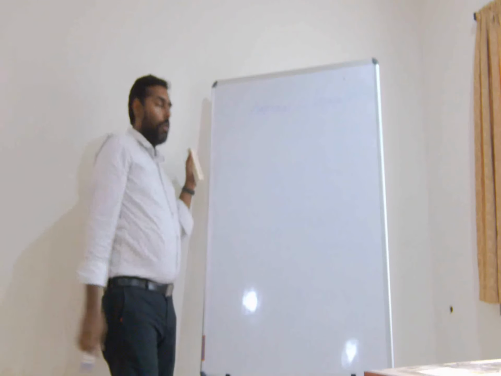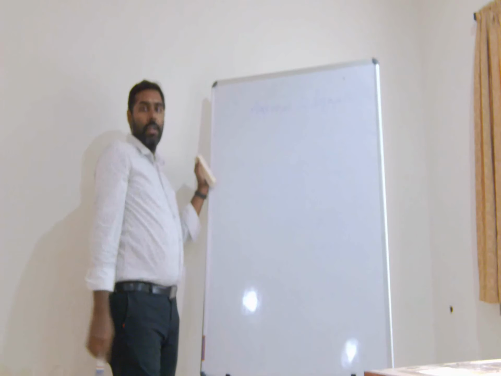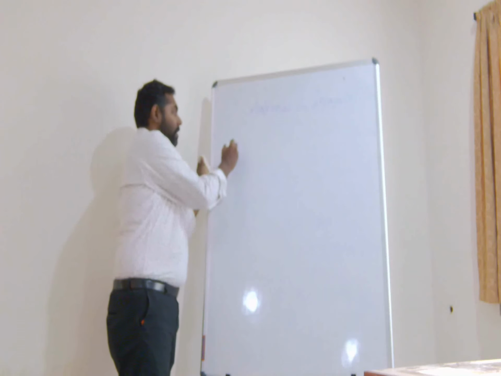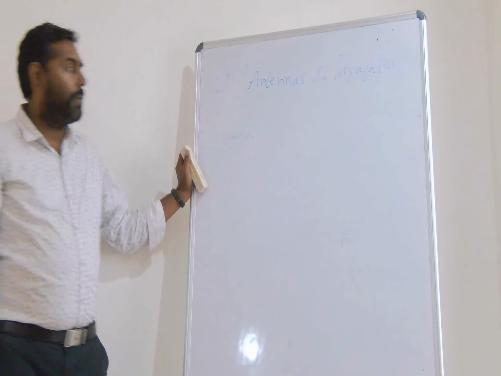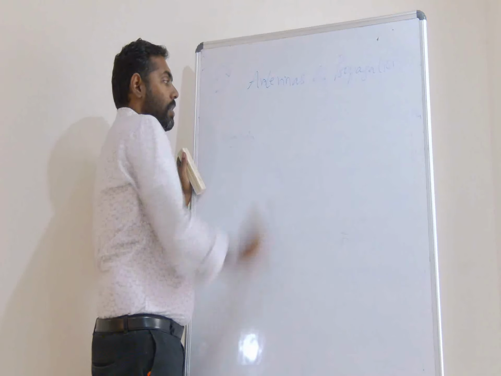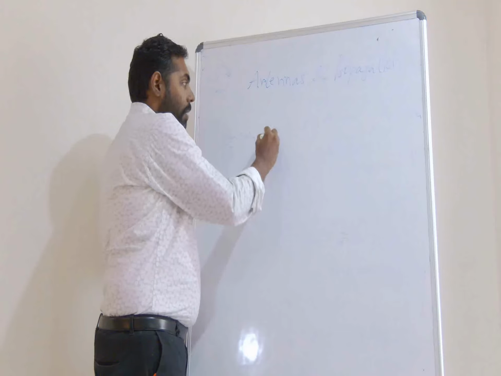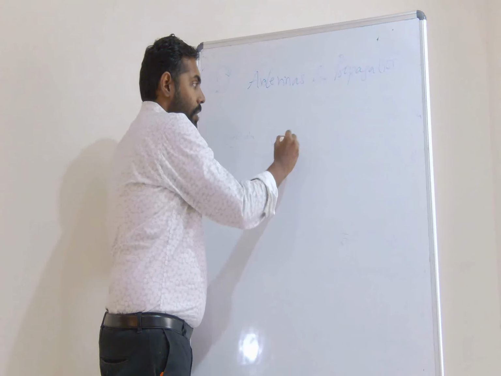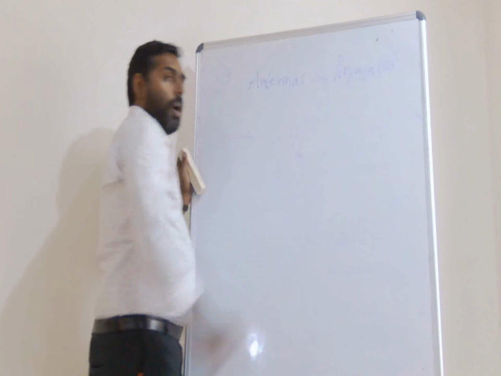Next, how are these antenna parameters measured? The first parameter is directivity. Out of all parameters, the major parameter to measure for an antenna is directivity. How is directivity measured? Directivity can be given as the radiation intensity in a given direction to the radiation intensity in all directions.